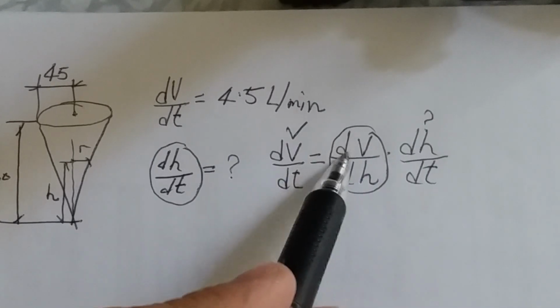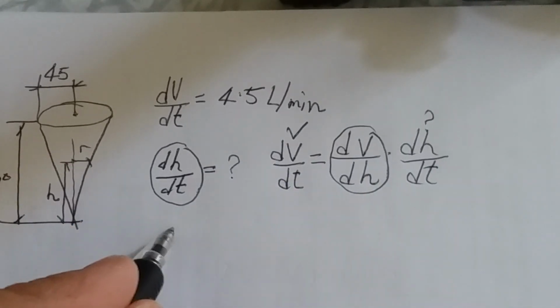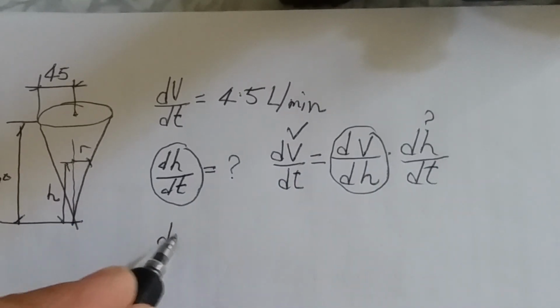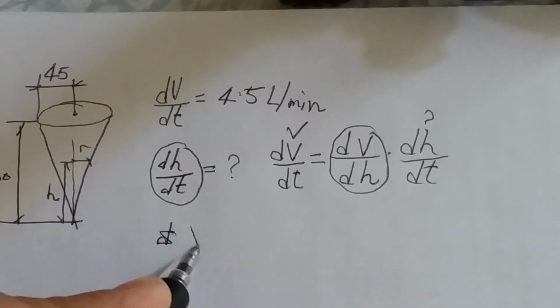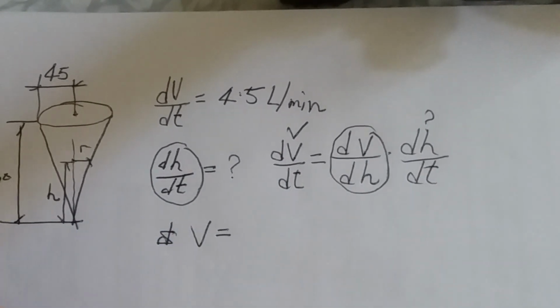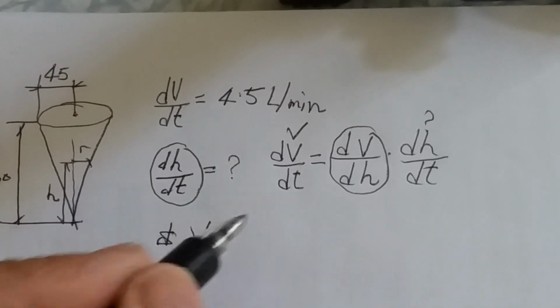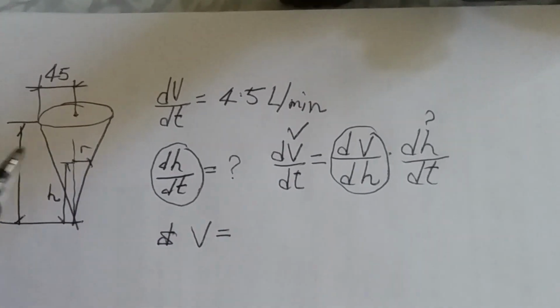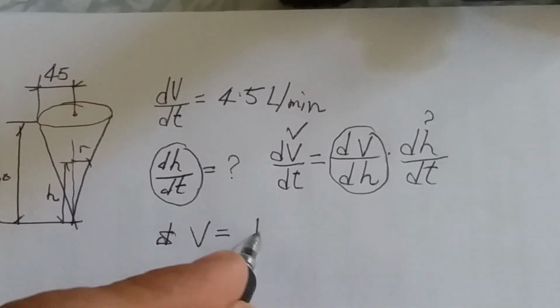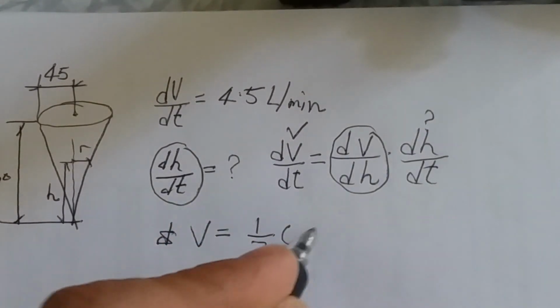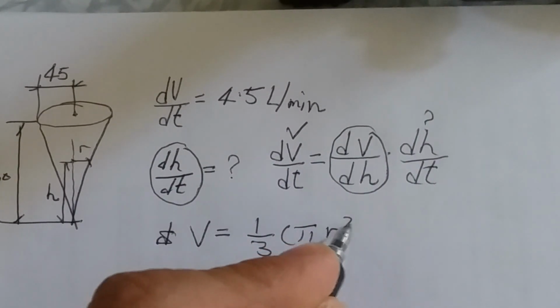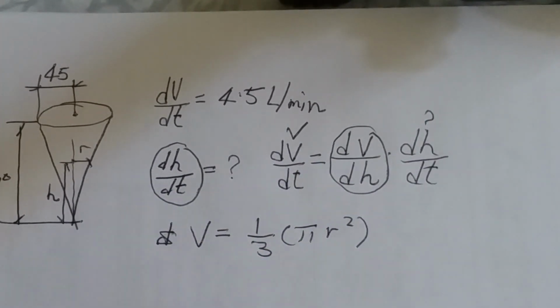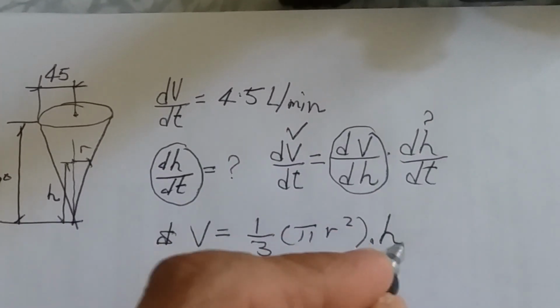So now dV/dh, first of all I need to formulate an equation for V. So V, if you remember, this is the right conical shape. So I have a third of the base, which is the top now, times h.